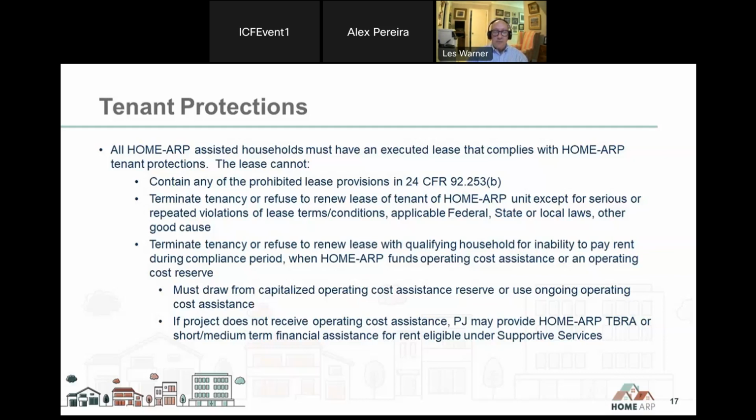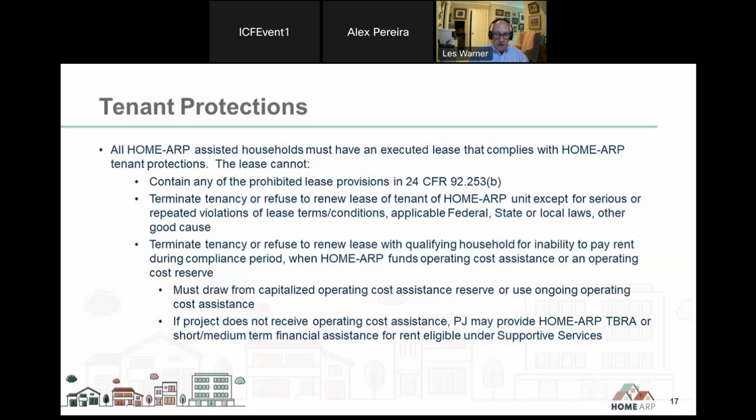That's why we have operating cost assistance and operating reserve eligibility under the HOME-ARP program, to make sure that we can continue to serve this targeted population who's really challenged in being able to find decent, affordable housing. In the case where we have a tenant for whom what's affordable does not cover the required rent, then we would be calling upon that operating reserve or our operating cost assistance to pay that gap.